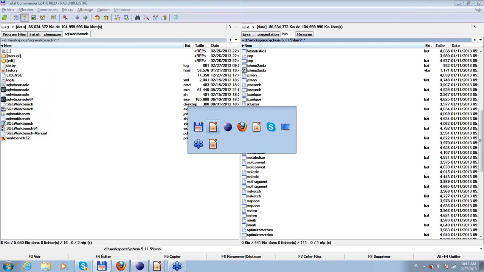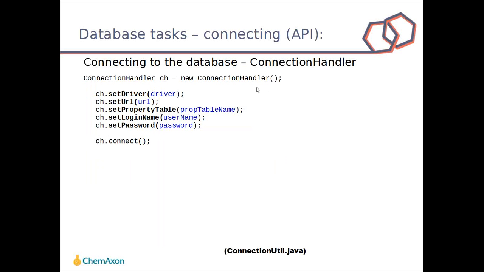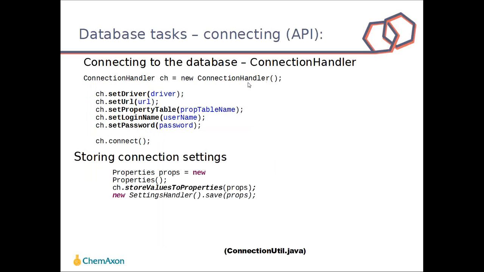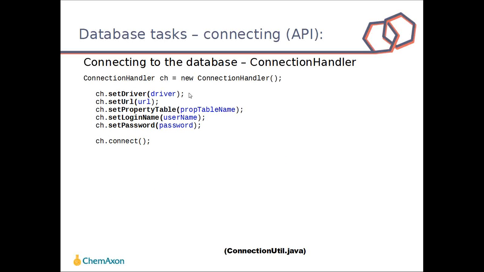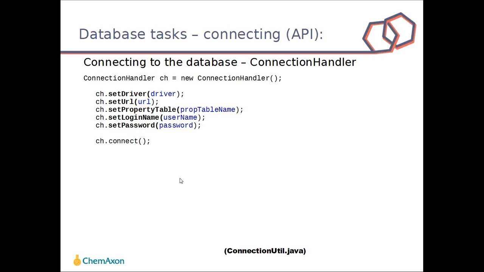Let's see how we can do this with the Java API. The main class for this is the connection handler. In the connection handler, you can set the very same parameters that you could set on the JChem Manager GUI.